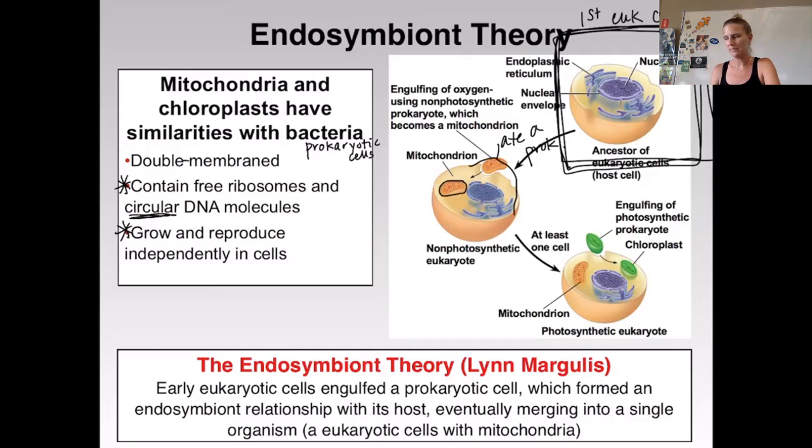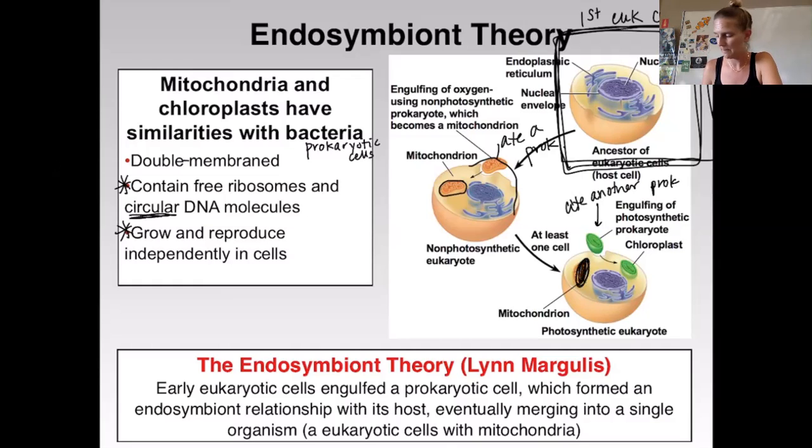So I'm just going to keep that around as an organelle. Then later on, that cell ate another prokaryotic cell. But this prokaryotic cell had the ability to photosynthesize. It had green pigment that allowed it to photosynthesize. And so that cell was like, hold on, I have a mitochondria that can give me energy.